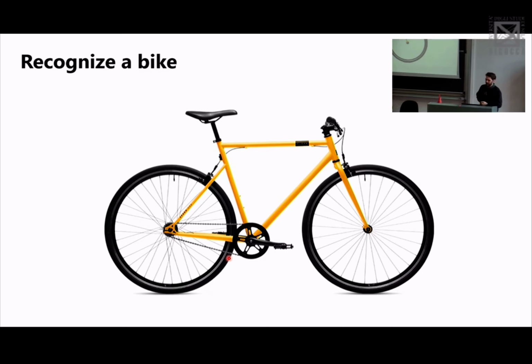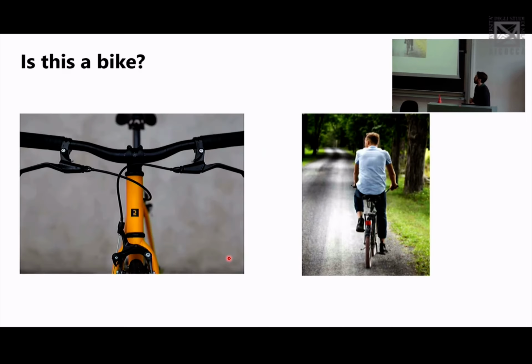It shouldn't be that hard to implement, but you can always immediately see that it's extremely obvious to us that there is a bike in these two images, but we don't see any triangle or any circular structure.